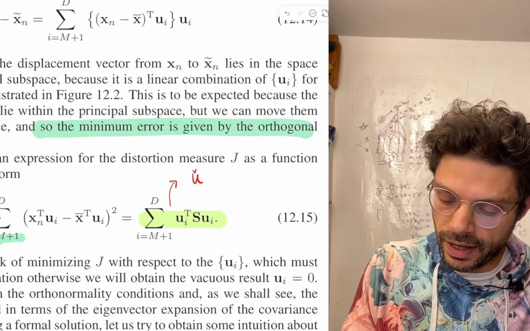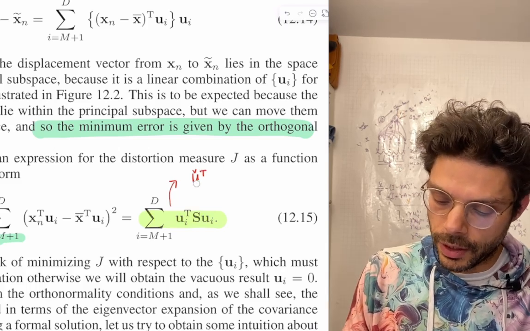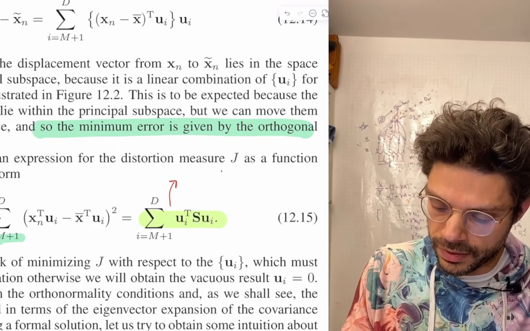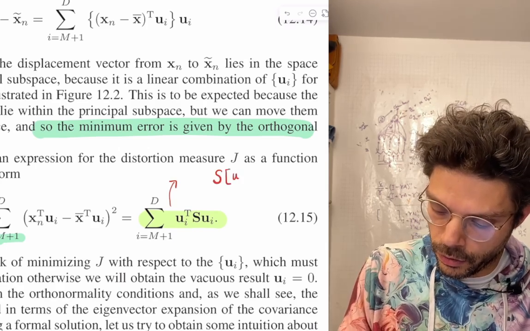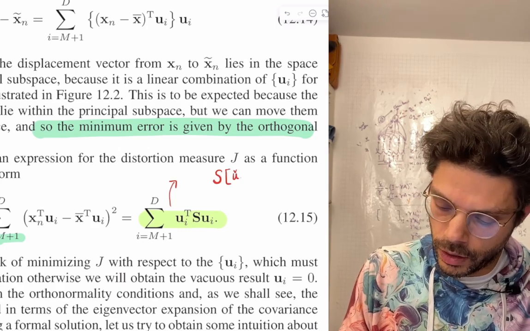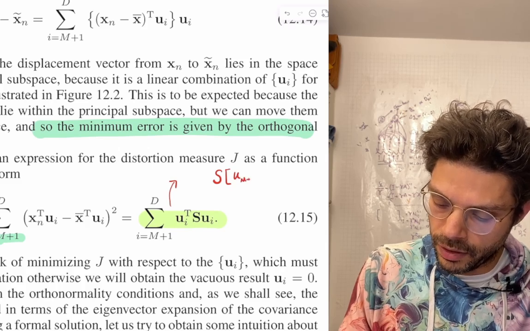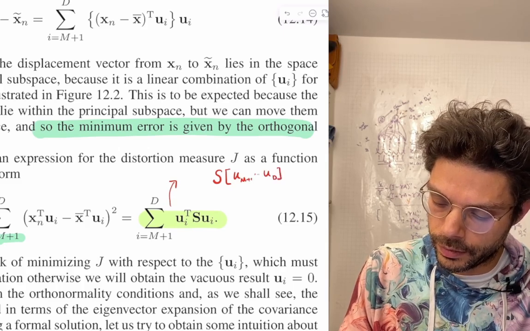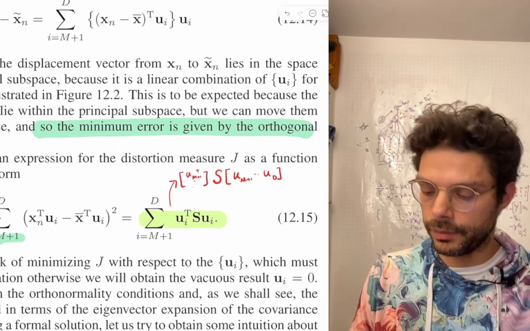So we can write this, let me write it for you in another step. Let's say we have S sitting here, and now let's pack U, we'll call it what it's called: U_{m+1} all the way to U_D. Similarly, we do the same thing with U_{m+1} transpose all the way.